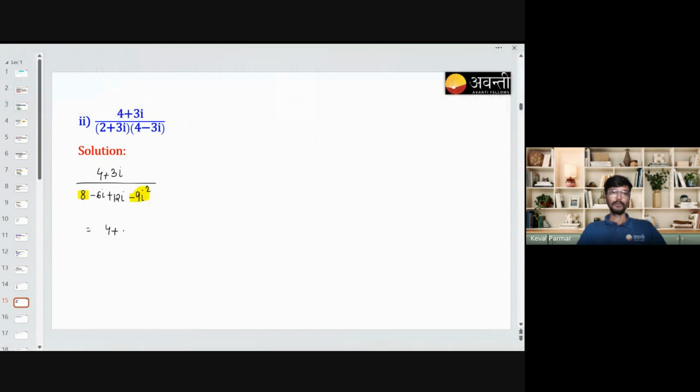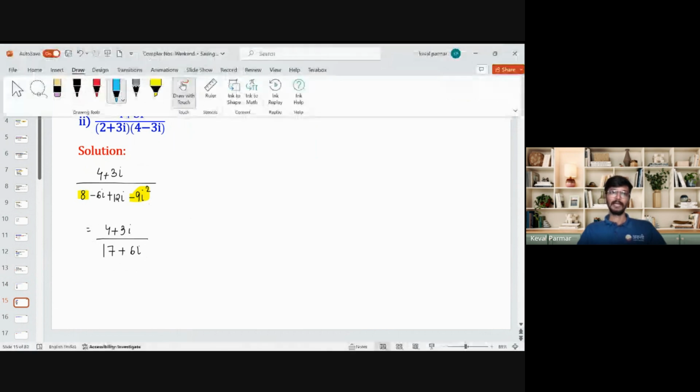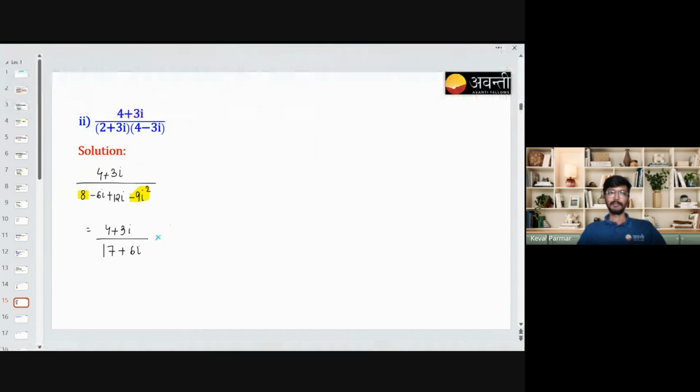We get 4 plus 3i upon 8 plus 9, 17 plus 6i. Now we have simplified the denominator, so we need to multiply and divide. What do we multiply and divide by? Conjugate. 17 minus 6i upon 17 minus 6i.